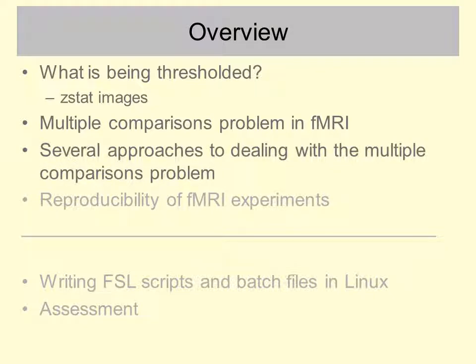We'll cover several different approaches to dealing with that problem, and we'll finish by taking a slightly different perspective, looking at the issue of reproducibility of results from fMRI experiments. So rather than focusing on controlling the type 1 error rate, which is what you're doing when you're thresholding, we'll focus on what you need to do to make the experiments more reproducible.